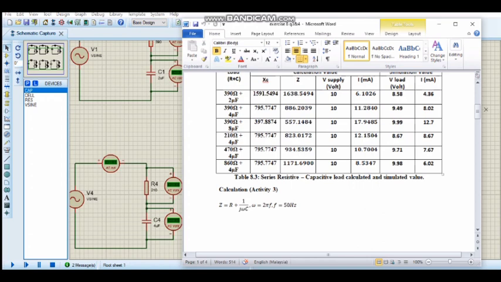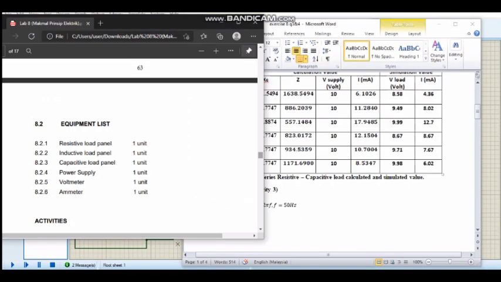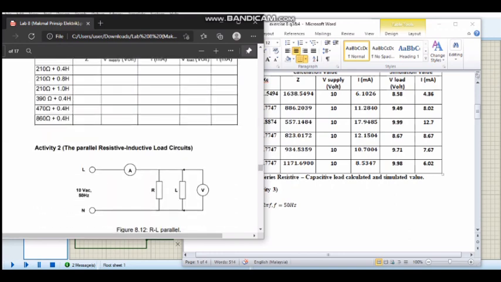For the supply, we put 10 volts, as given.